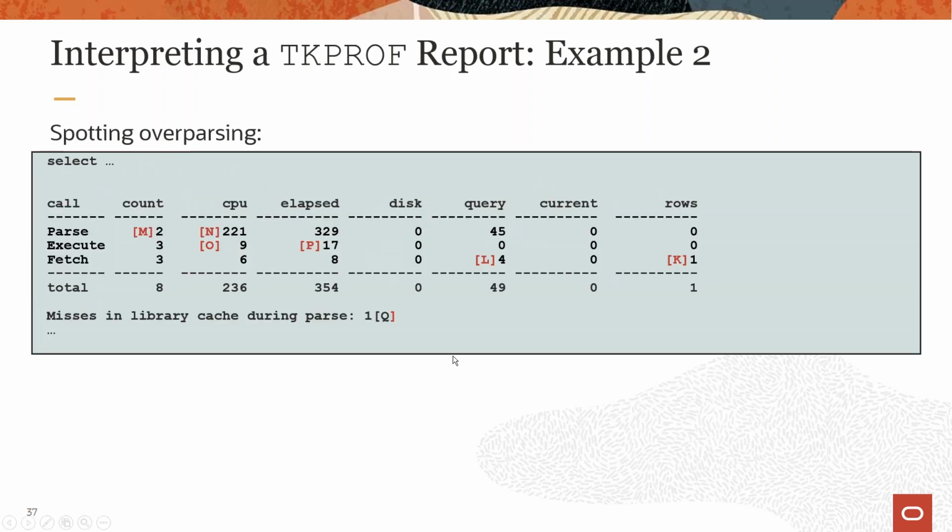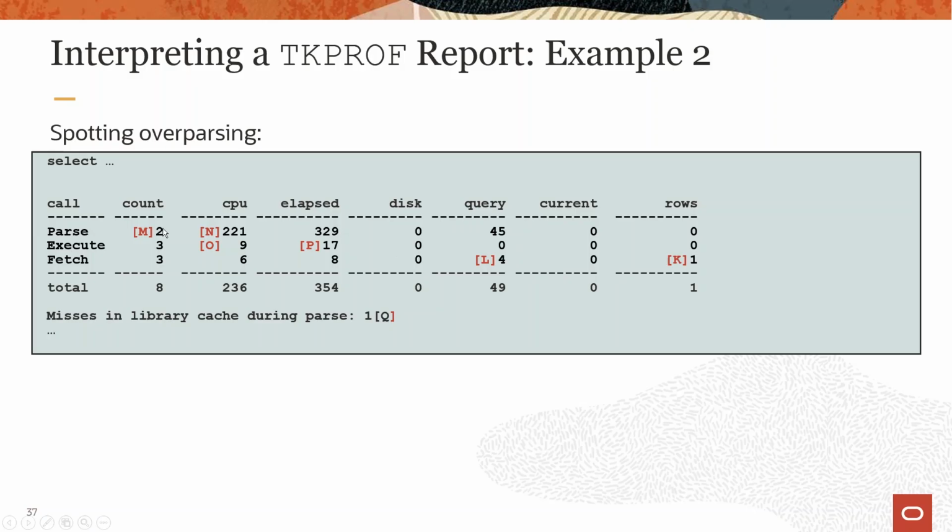Then you see here parse, execute, and fetch statistics for a select statement, for a query. Now it shows in the fetch stage that only 1 row has been returned by that query. But to obtain that 1 row, 4 blocks had to be accessed to get that particular row.